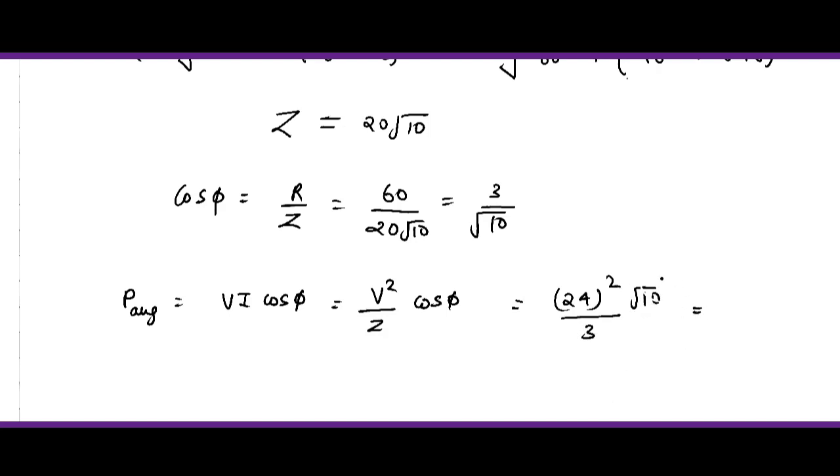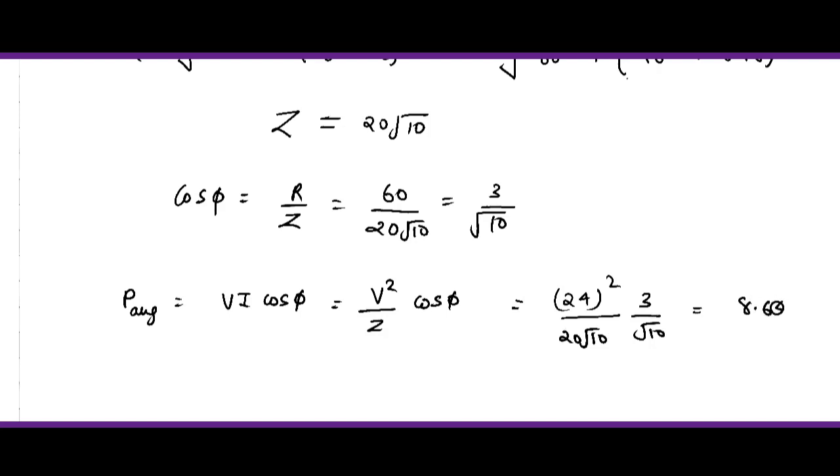So you can just solve it. Here the cos phi you will also write down. Cos phi is this, Z is this. So from here you will get this.